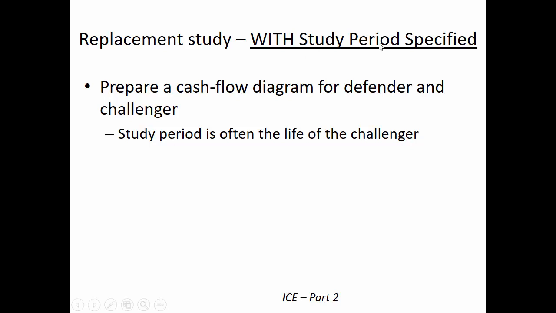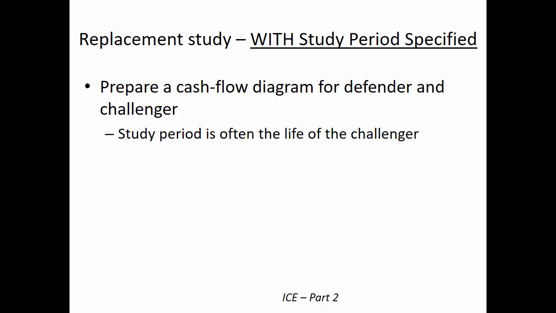When the study period is specified, usually that's a case where you know you're going to need a certain piece of equipment for a certain number of years. For example, if you're beginning a new construction project that has a known lifespan and you want the equipment to last for that duration, and you're comparing alternatives specifically for that duration.